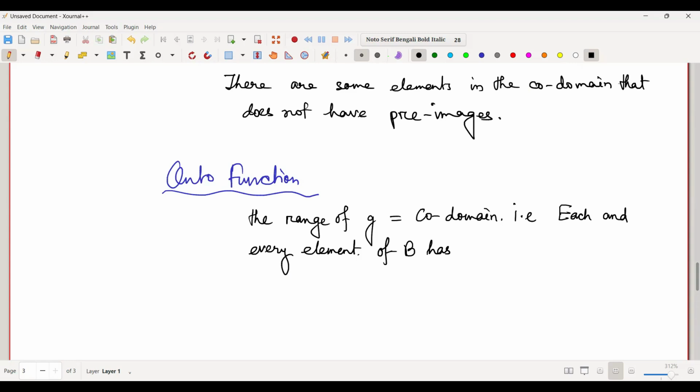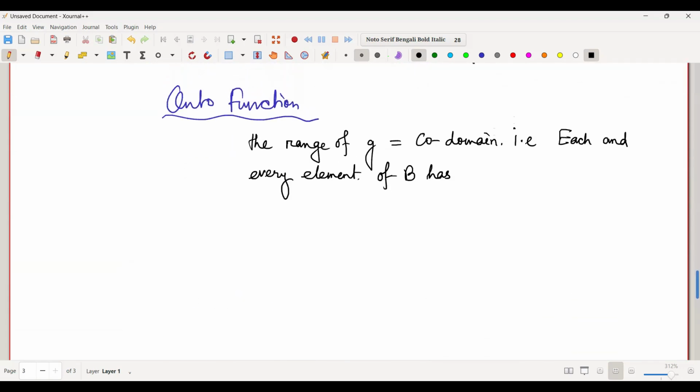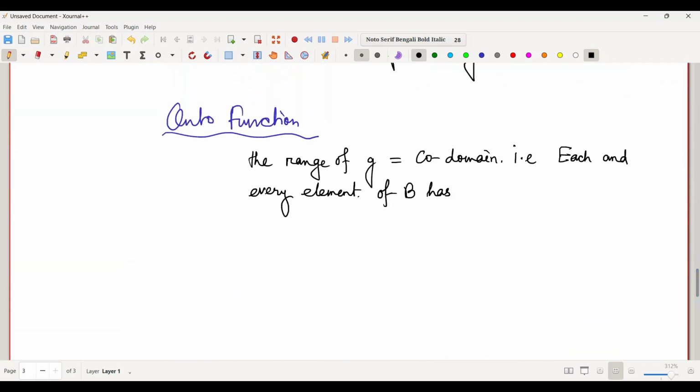That is why I am using this B and G, because I have taken some examples like this. This is set B, this is set A, and this is function G. So every element of set B has at least one pre-image.